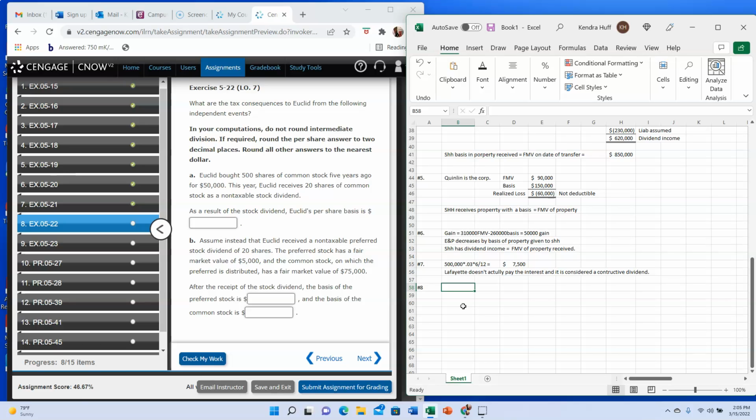Okay, well, they had 500 shares. They now have 520 shares. They originally paid $50,000 for it. So just divide the two.